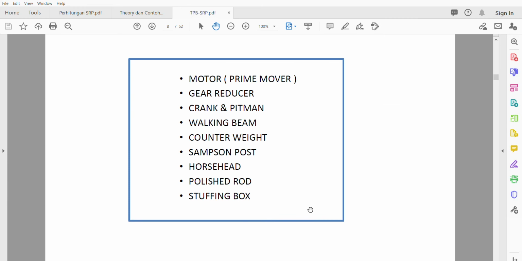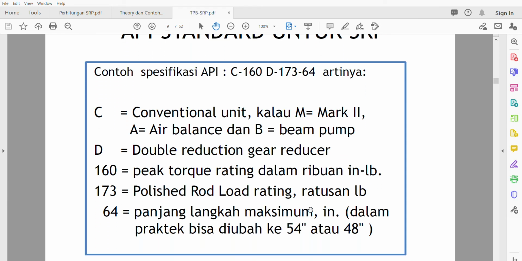It is called sealing. So the standard of the sucker rod surface facility is this one: C for conventional, M for Mark II, A for air balance, B for beam pump, and this is double reduction. The reduction is double; we can have a single one also.